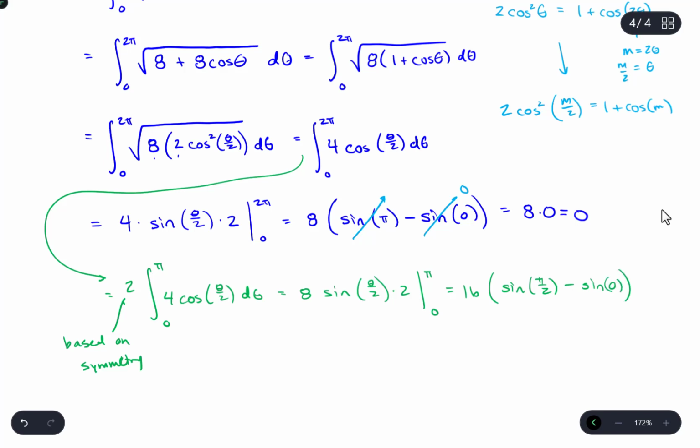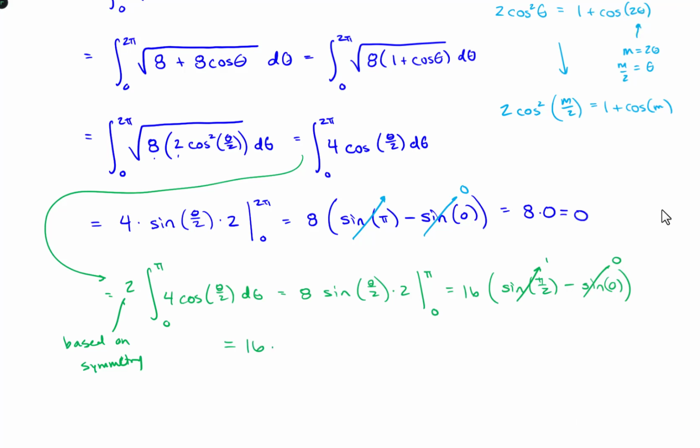But I think that's okay, because even though this one results in 0, this one, pi over 2, results in 1. So my final answer is an arc length of 16. And I did that on purpose because I wanted you to see that you have to sometimes be careful when dealing with arc length of non-functions, so they don't pass a vertical line test, because you've got cancellation that might occur. And so you might have to rely on some sort of symmetry in order to come up with those values.